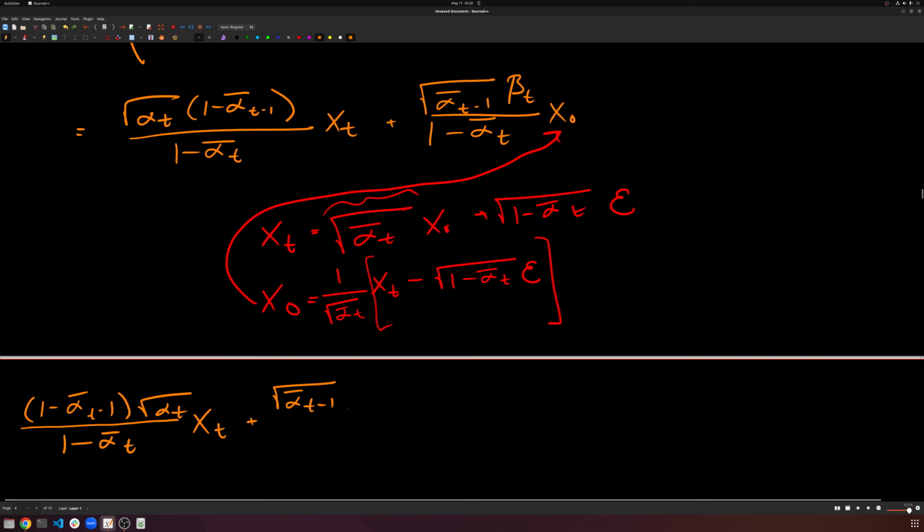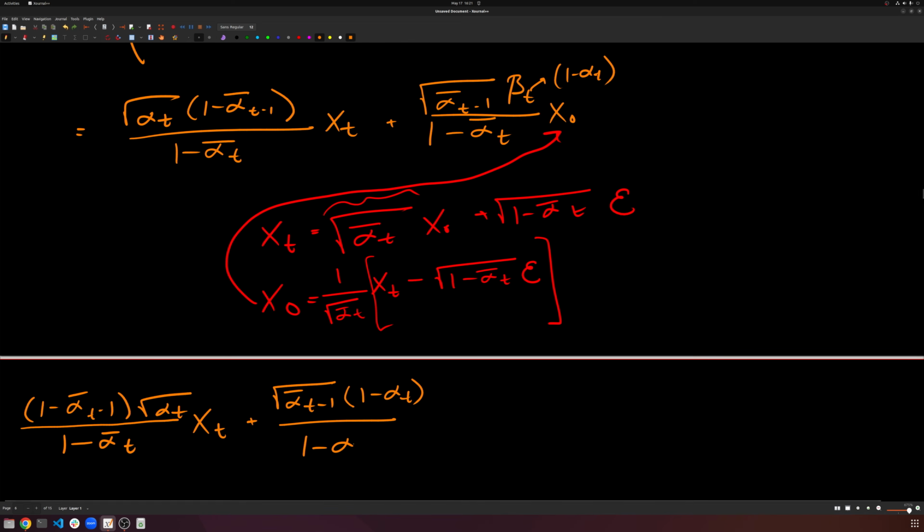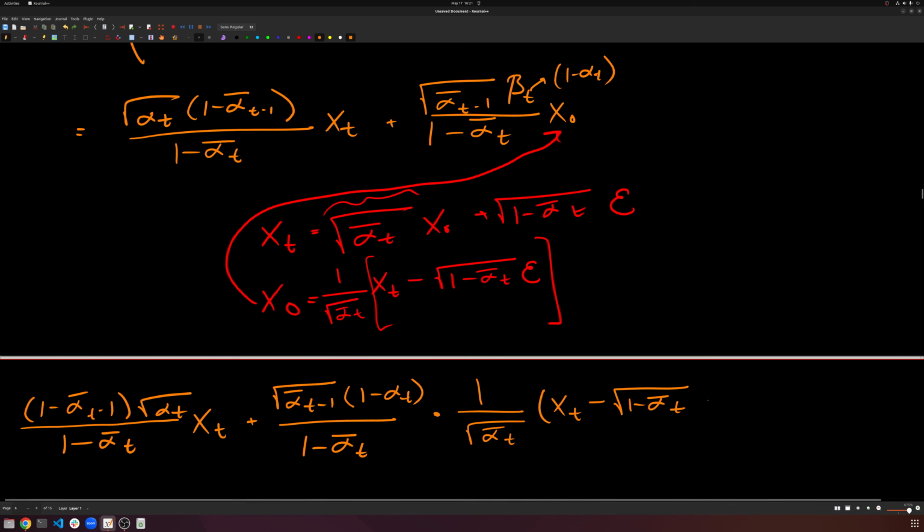Beta t is just 1 minus alpha t, so might as well rewrite it. They're equivalent, they're defined that way. We have 1 minus alpha hat t in the denominator, and we're multiplying this by the whole expression replacing x0: 1 over square root alpha hat t, times xt minus square root 1 minus alpha hat t epsilon, just like that.